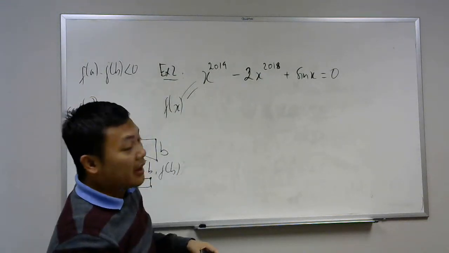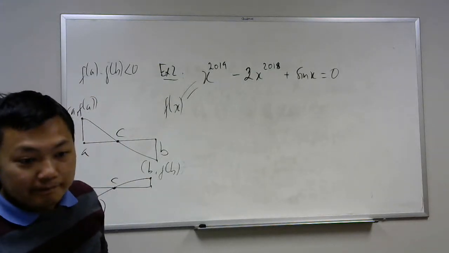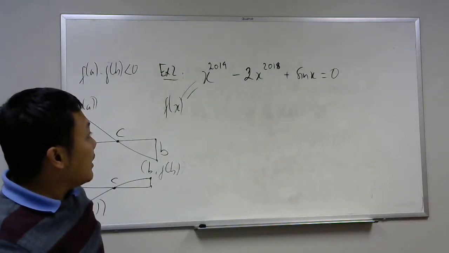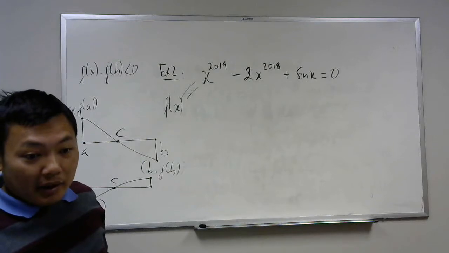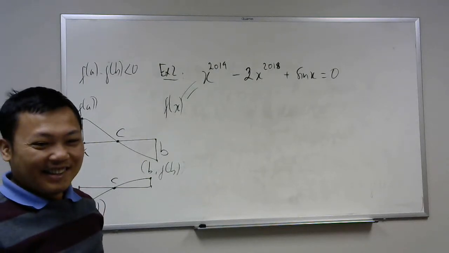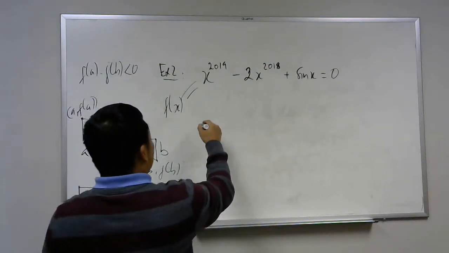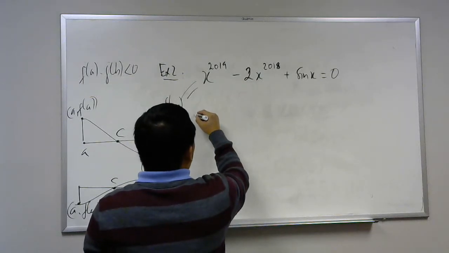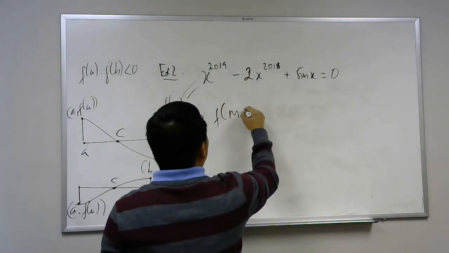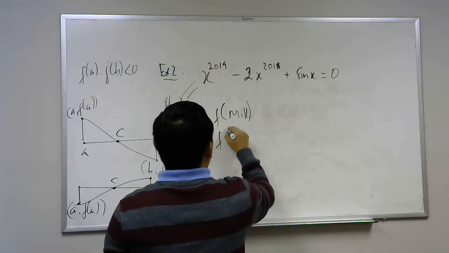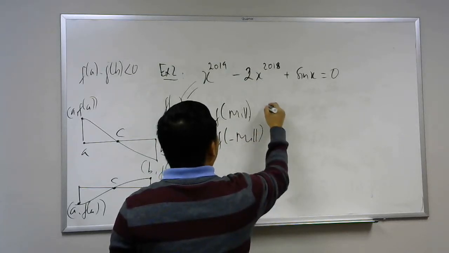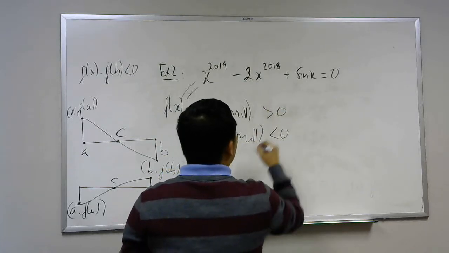For example, you can pick f of 1 million, and then f of -1 million. f of a million here, and f of -a million here. This is greater than 0, this is less than 0.